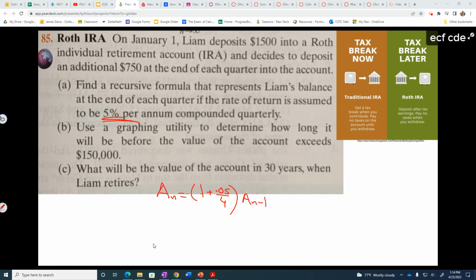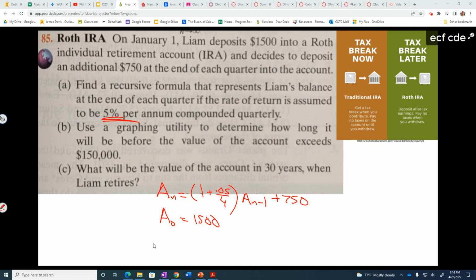And then are we plus or minus the payment? Plus B. You're adding to the account, right? So we're going to put 750 in. And then our A sub 0, our starting amount, is the 1,500 that he put in initially.